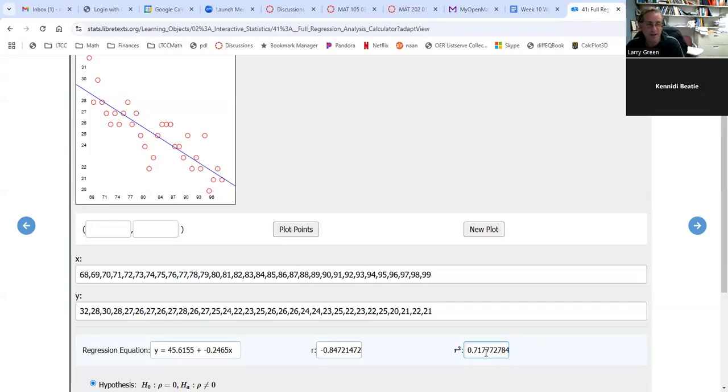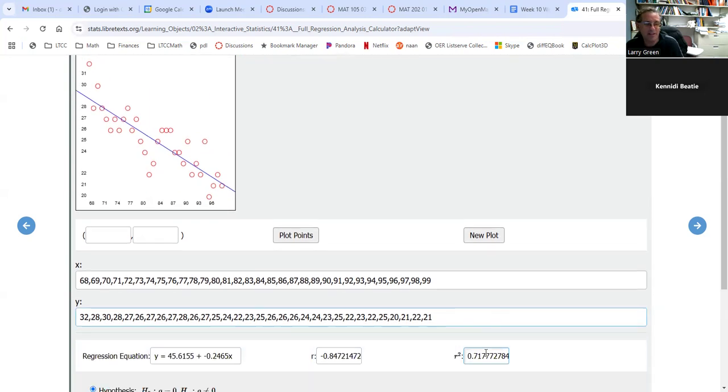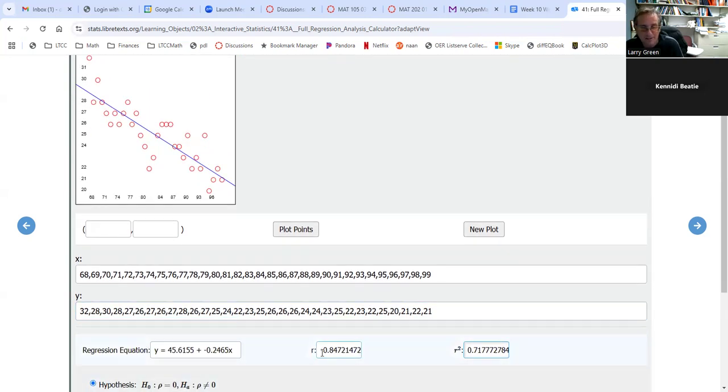No. Okay, so the next thing we're going to do, this is very important, is let's conduct a hypothesis test. The R, by the way, turns out to be a sample correlation. So if the population correlation, for which you can use the Greek letter rho, is 0, that means there's no correlation at all, right?